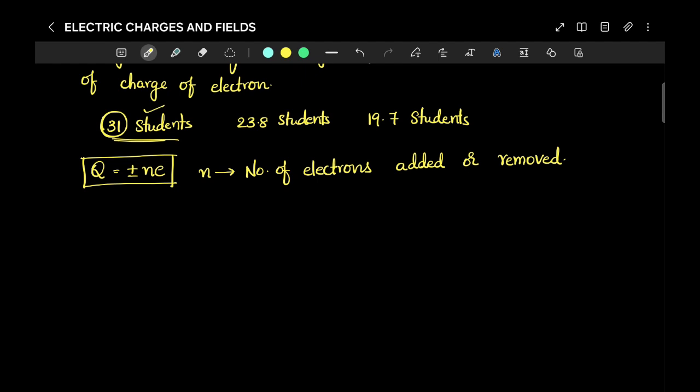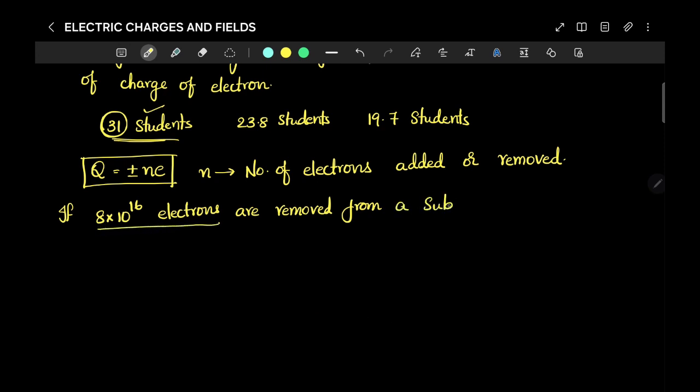So for example, if 8 into 10 power 16 electrons are removed from a substance, example I am telling, not from an atom, because in an atom you can't have this many electrons.